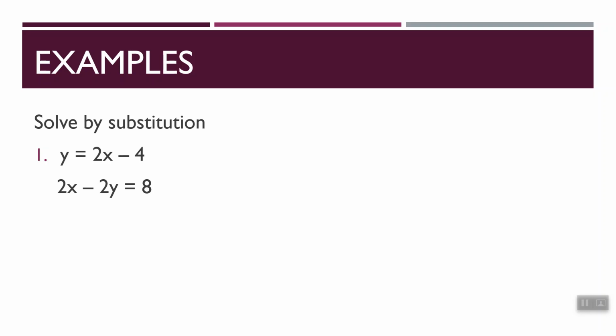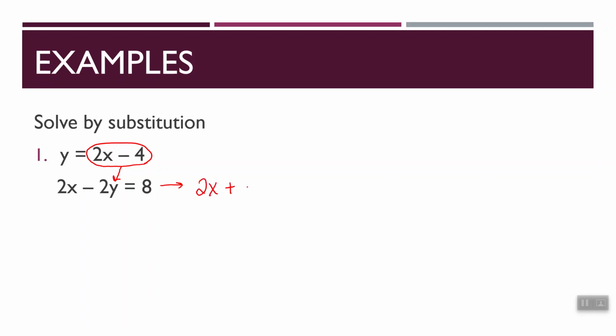What we're going to do is take the expression that's equal to y and plug it in for y in the equation down below. Again, if y equals 2x minus 4, then I should be able to plug 2x minus 4 in for y of the other equation. And this is what we get.